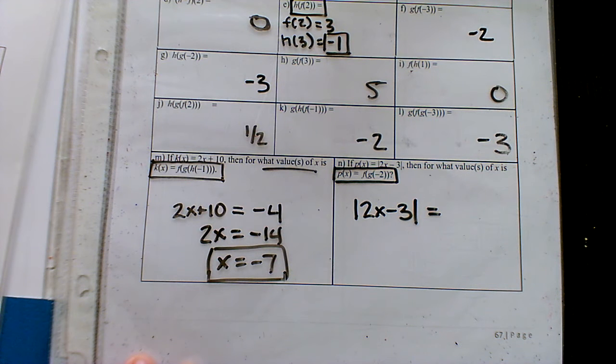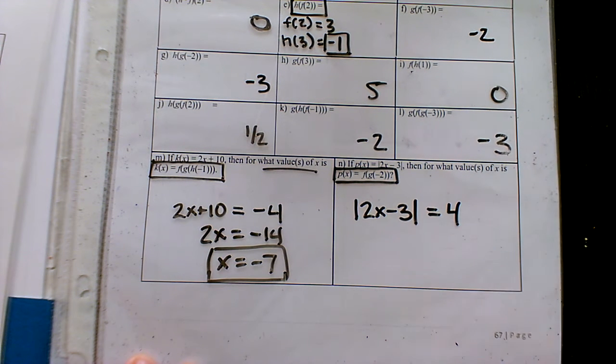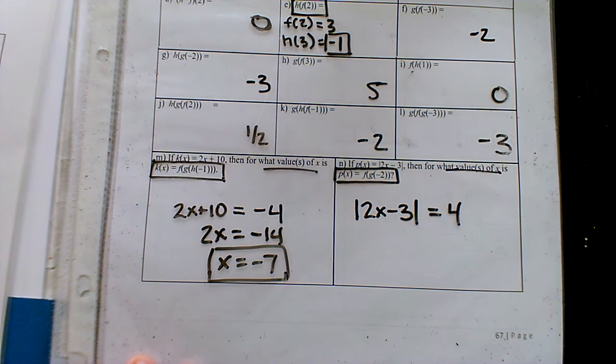So on the table, we got to plug in -2 into G, and then take that answer and plug it into F. What would we get? Yeah. 4. All right, so here's our equation. We want to solve for x. Where do you want to go from there? What do you think, Hadley?